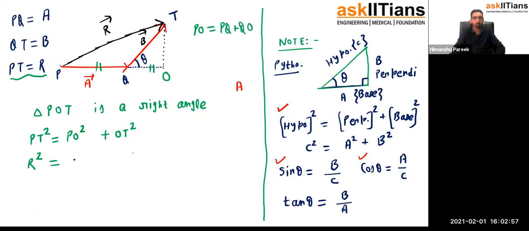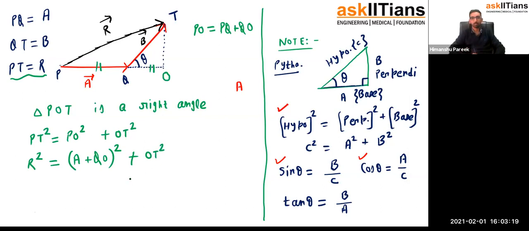What is PQ? It is A. What is QO? We don't know, so let us just write it as QO. I have replaced PO, so this will become a square of it. What is OT? It is OT square. I cannot write it in terms of other known parameters.